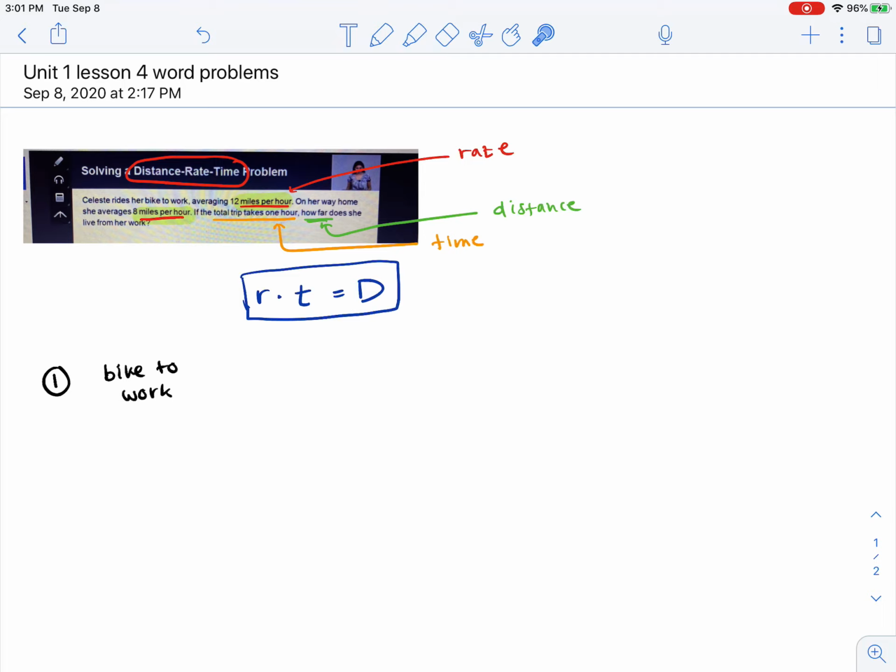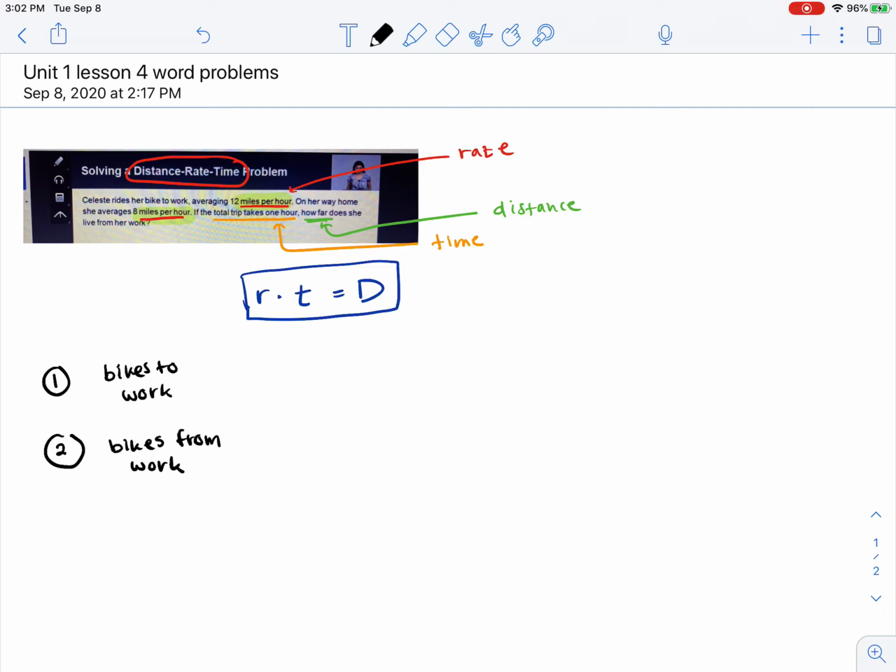So when she bikes to work, she bikes a little bit faster, 12 miles per hour. And then her second is when she bikes from work. And you'll notice that Celeste's speed is different for both situations.